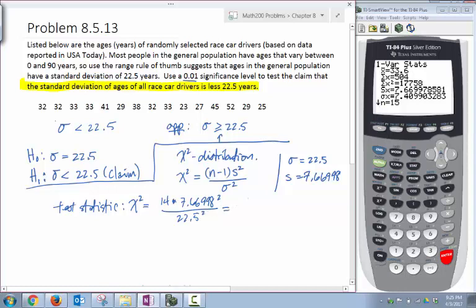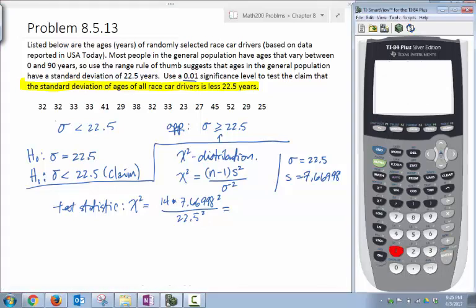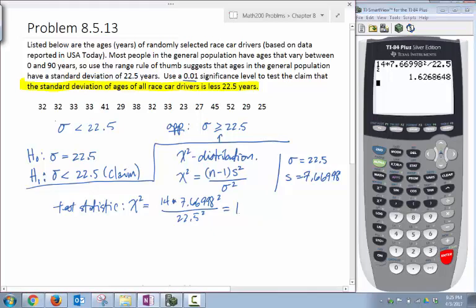I can really just type it in like that in my calculator. That would be 14 times 7.66998 squared, divided by 22.5 squared, and then enter. So I get a test statistic of about 1.6269.